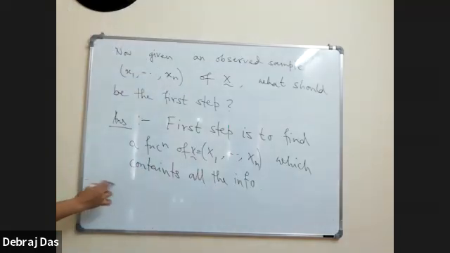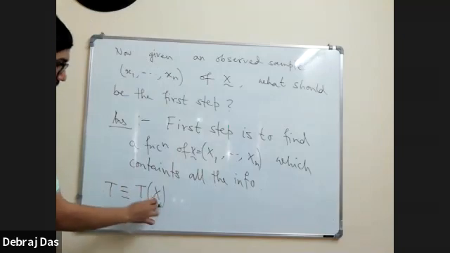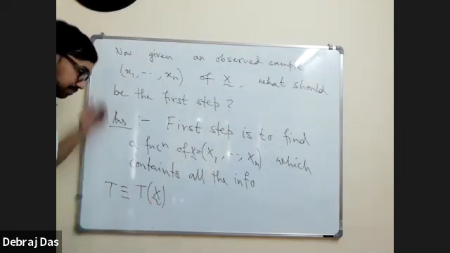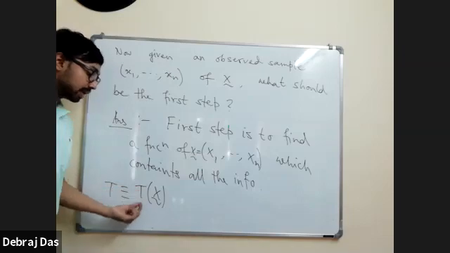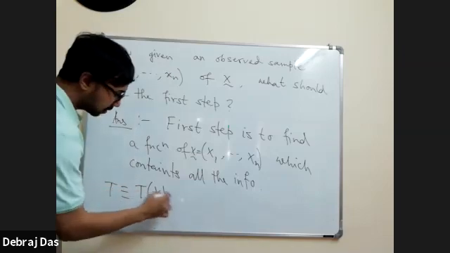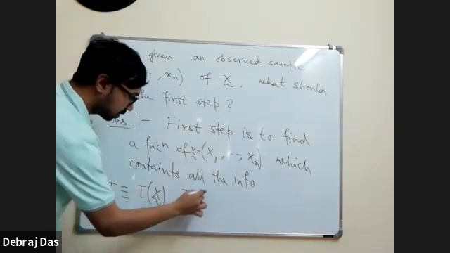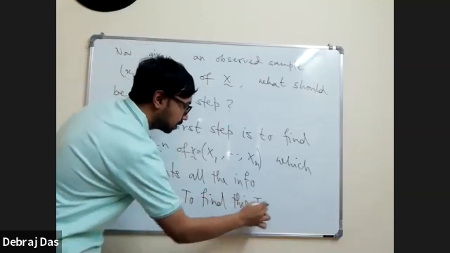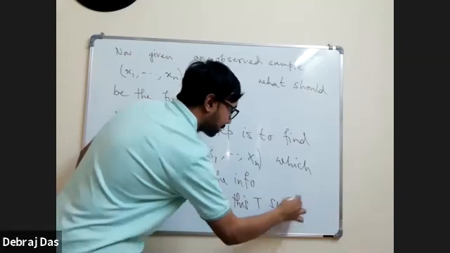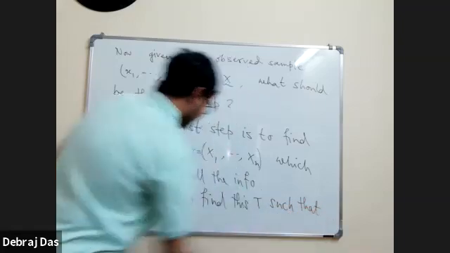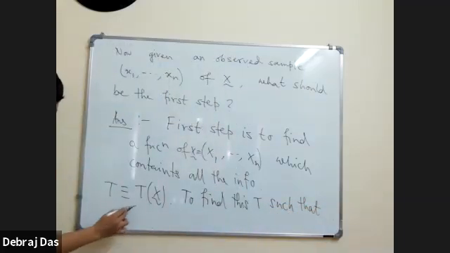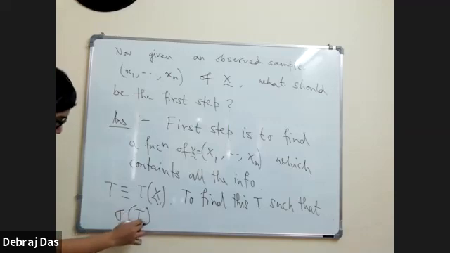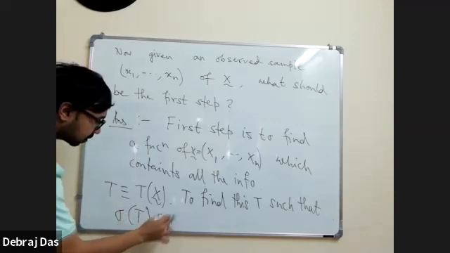So if you consider the function T of X curve, you want to find this T such that the sigma algebra generated by this T contains all the information.